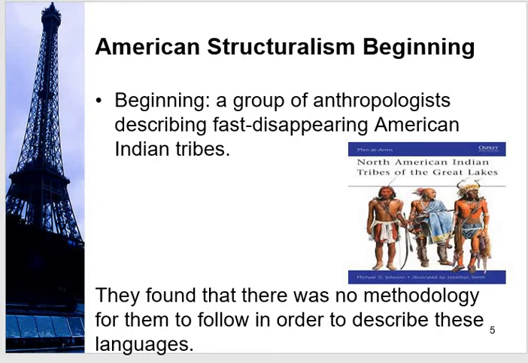It started because a group of anthropologists started to describe fast disappearing American Indian tribes. There were red Indian tribes and they were disappearing quickly.